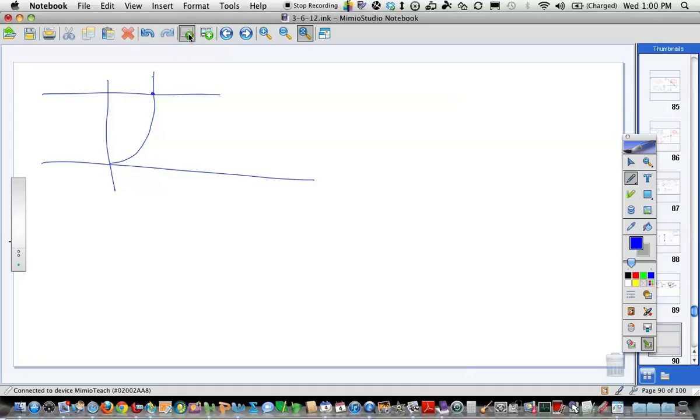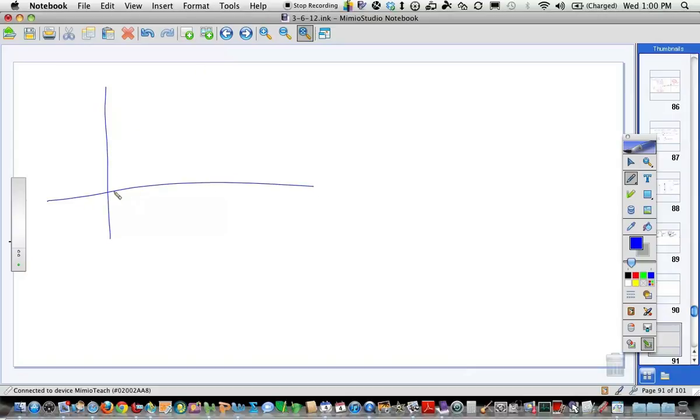This isn't very good. I haven't done many of these with this tablet. I'm not very good with this. Okay, so here's the point 2,4. Here's the region we want to revolve.